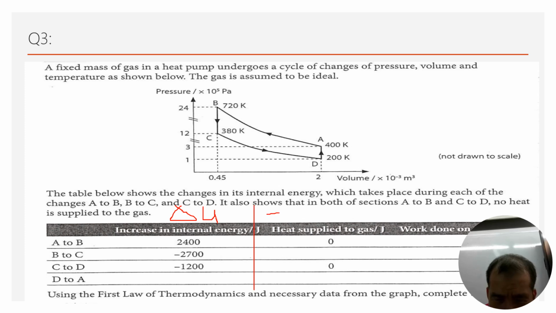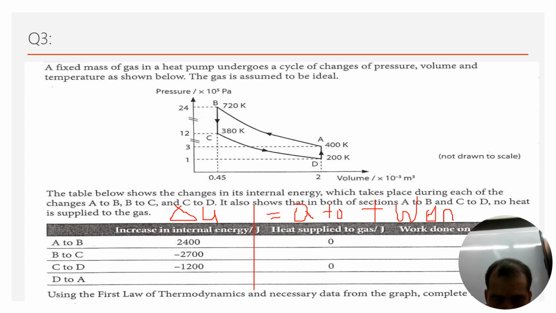This equals heat energy Q to the system, and then plus work on. Now, sometimes the table is in work by, then you have to change it to minus work by, because work on is equal to minus work by, okay? Now, having said that, let's see.